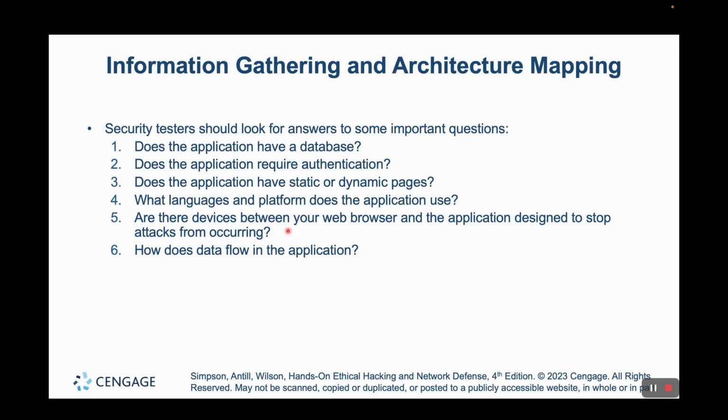Of course, here we talk about devices between the web browser and the application, as I showed you in the previous slides, plays a major role in security. Like a firewall can help to protect the application from attacks from the internet, especially if it was an application firewall. A web application firewall, basically, it's a very important topic that you need to learn more about.